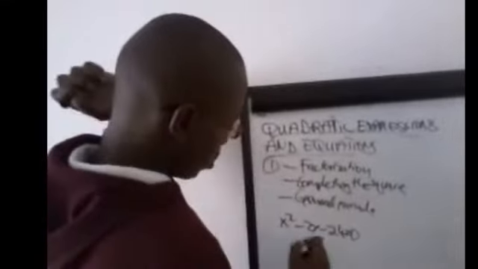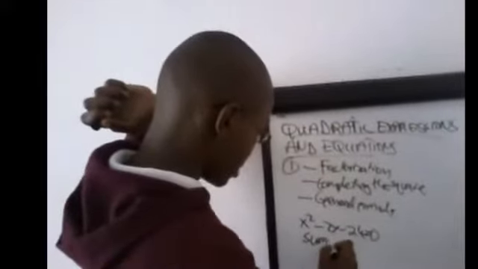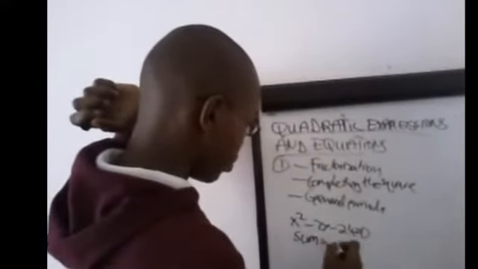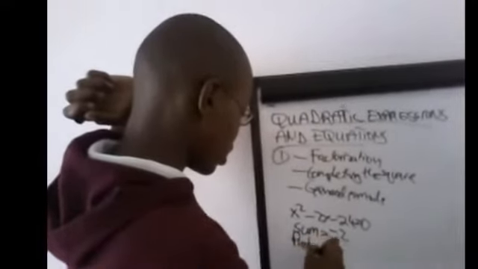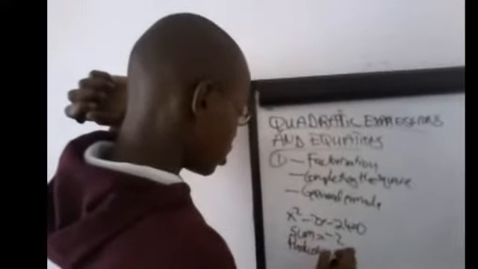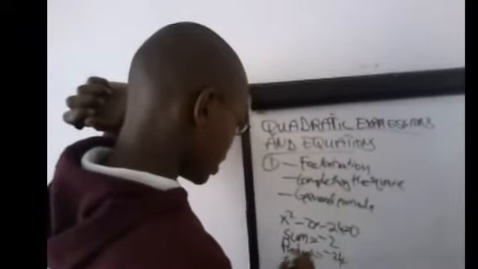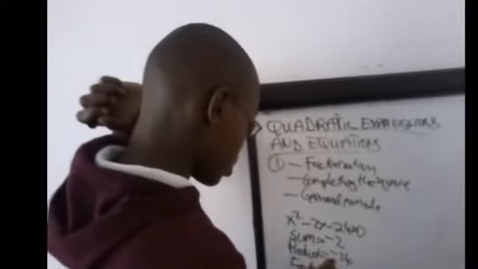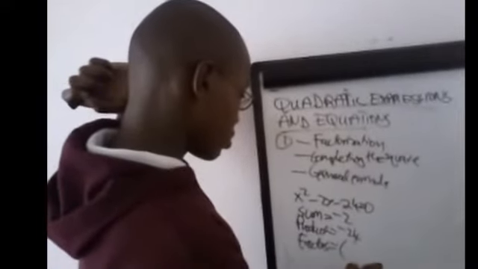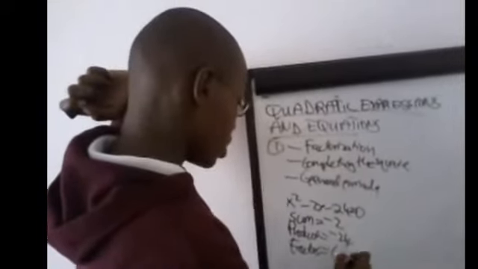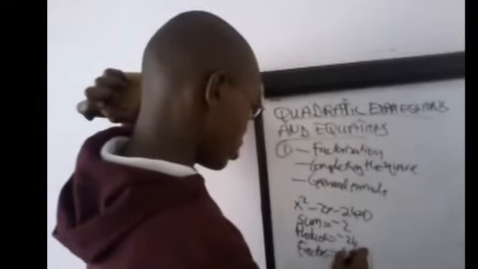We have to think of two numbers that sum to negative 2 and multiply to negative 24. The factors are 6 and 4, and 6 will be negative.